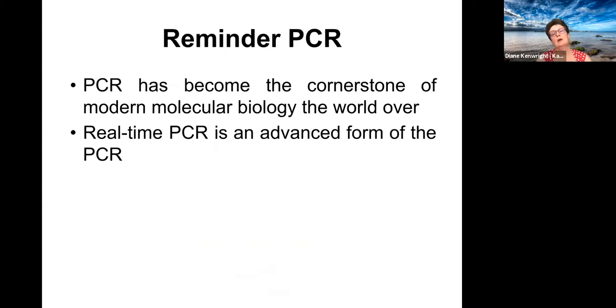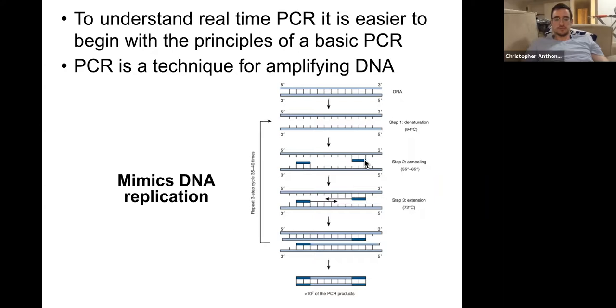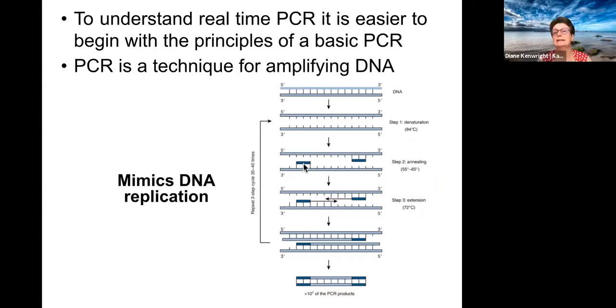Real-time PCR is the same as PCR, but we can detect the number of cell cycles that it takes to find the result and get a semi-quantitative analysis. So PCR mimics normal DNA replication, right? You put in DNA, you denature it, you put in a starter and anneal it together.